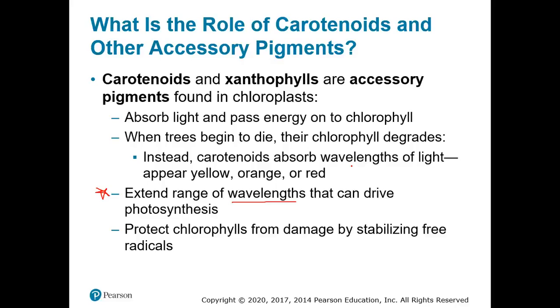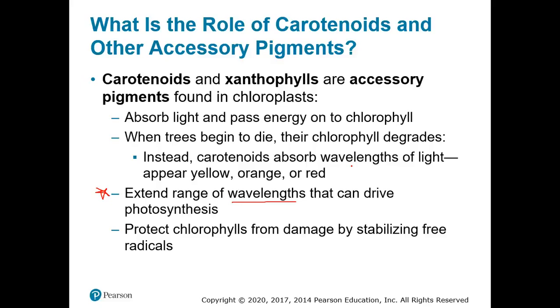Now, another interesting thing to think about is what happens to certain trees in the fall. We might not get a lot of it around here in El Paso, but if you've been to an area with a lot of trees, you might notice in the fall those leaves begin to turn from green into red, orange, and yellow. That's because when trees begin to die, their chlorophyll degrades.